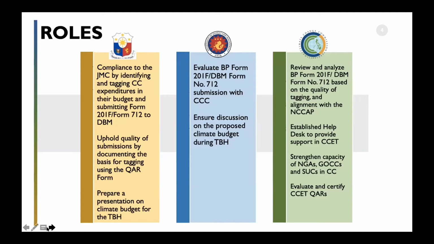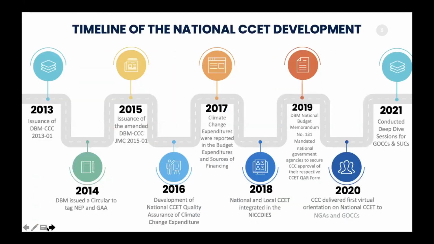And we are also tasked to strengthen capacities of NGAs, GOCCs, and SUCs for them to be able to tag their climate programs. Hence, we are doing this annual orientation for government agencies. This would give you a snapshot of the timeline of the national CCET development.